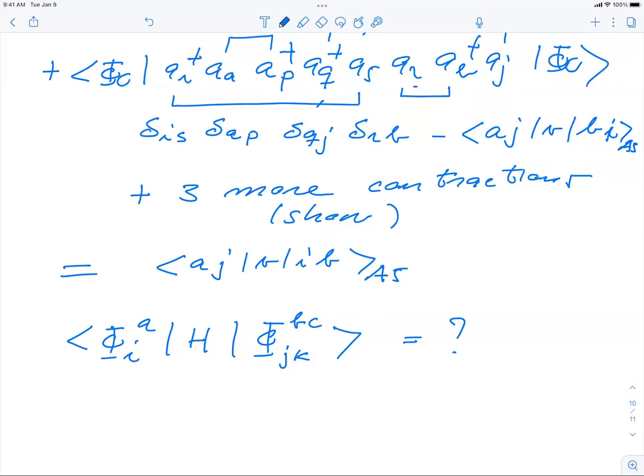So this is a little bit more involved. If you go to the textbook of Shavitt and Bartlett, you will see this developed in section 3.8.